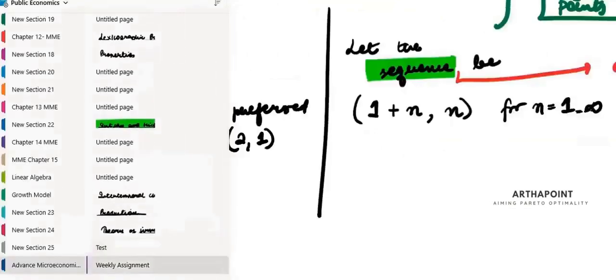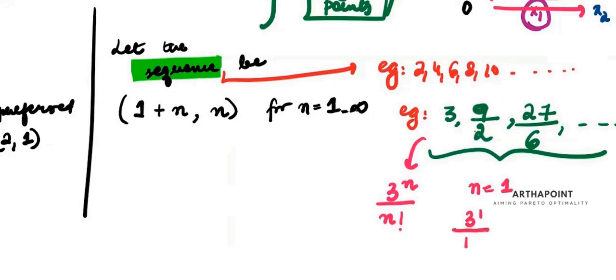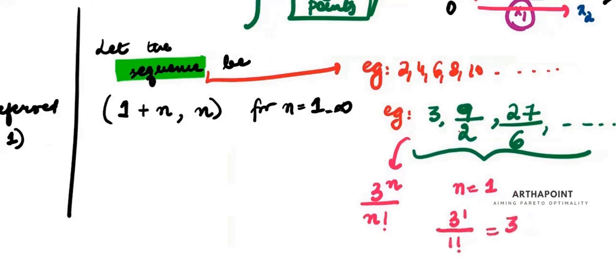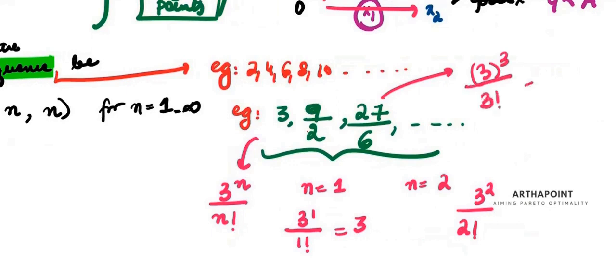Now, what kind of pattern does this sequence create? Well, each element is 3 to the power n upon n factorial. How? If I put n equal to 1, I get 3 to the power 1 upon 1 factorial, which is 3. If I put n equal to 2, I get 3 to the power 2, which is 9, upon 2 factorial, which is 2. If I put 3, I get 3 to the power 3 upon 3 factorial. 3 factorial is 6. 3 to the power 3 is 27, and so on.